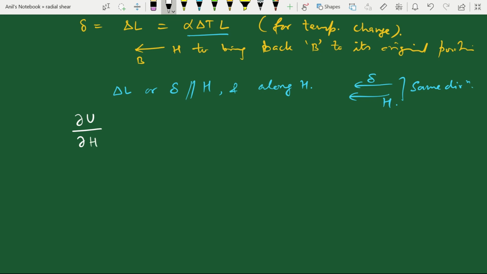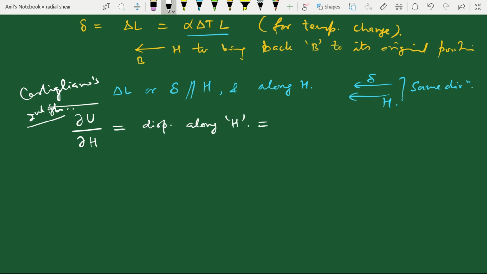According to Castigliano's second theorem, del U by del H must be equal to the displacement along H, which is minus delta in this case. Here the negative sign indicates opposite directions of delta and H to each other.